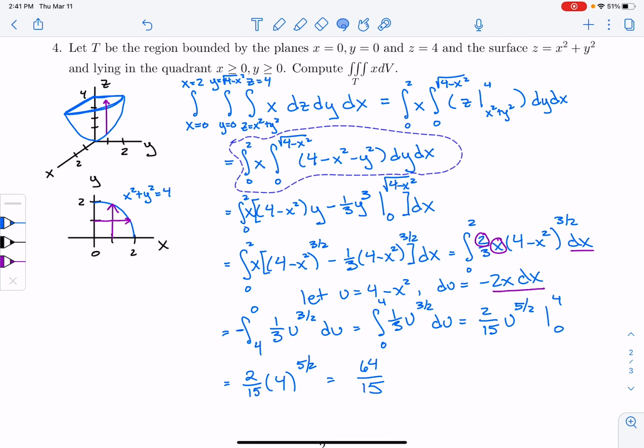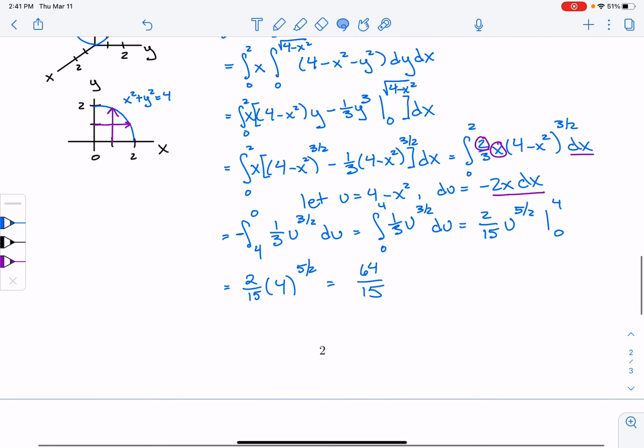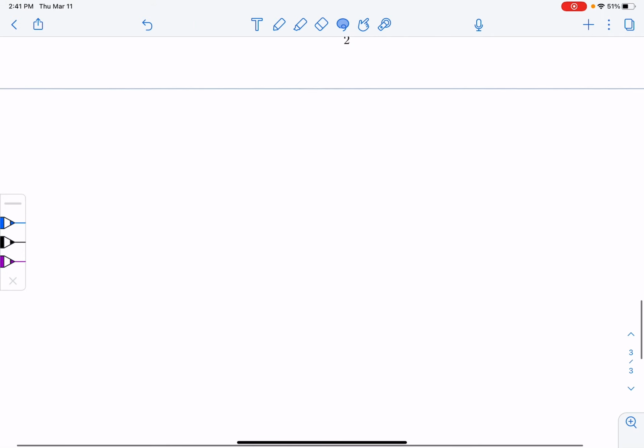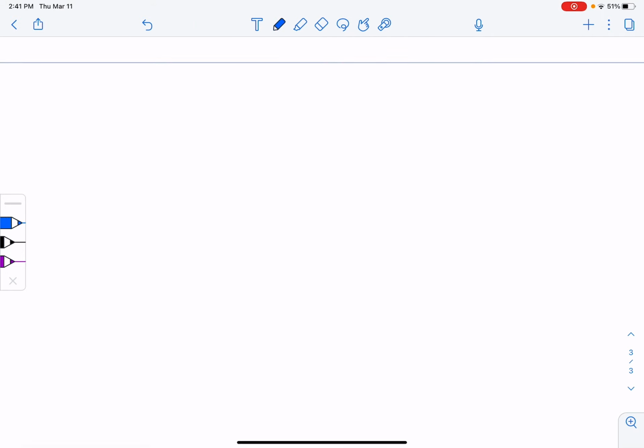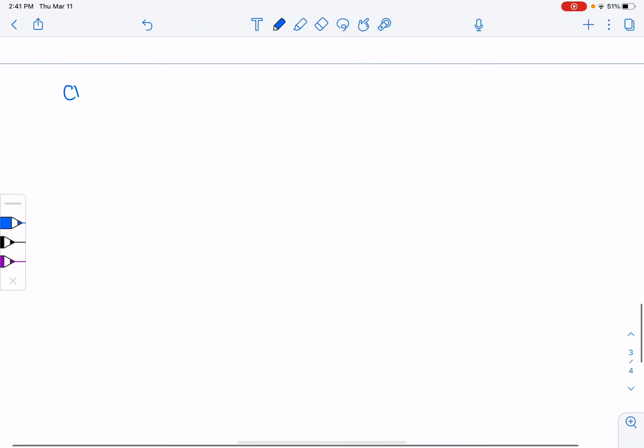So I want to go back to this step and I want to see if I can make a change of coordinates. So here I want to see if I had changed coordinates, whether this part of the integral would have been easier.